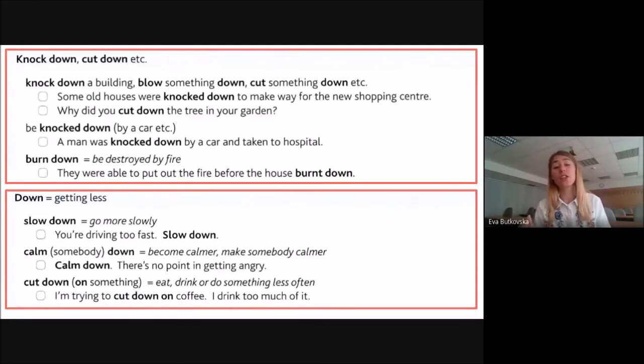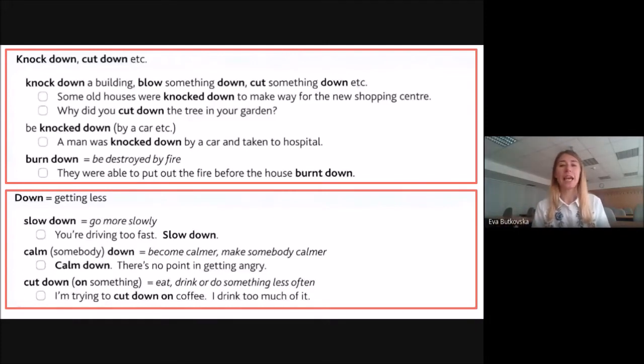And the third phrasal verb, cut down on something. I want you to really focus on this one because there is another meaning. Not just cut down a tree, but cut down on something. Remember the preposition on something means to do something less.